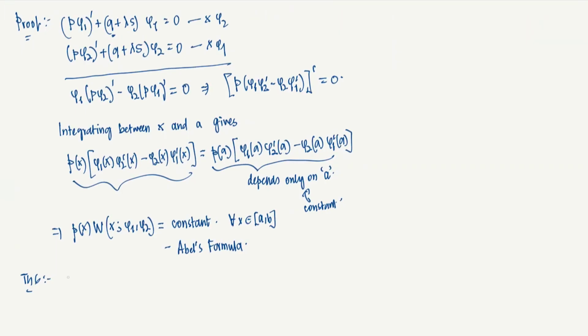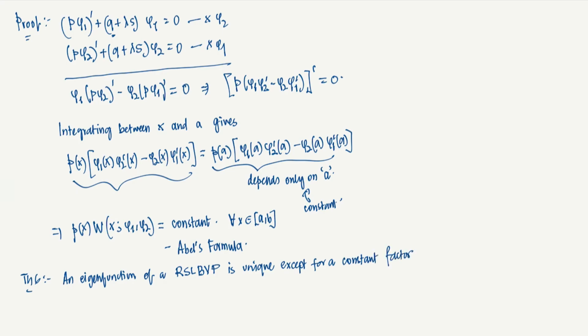It says that an eigenfunction of a regular Sturm-Liouville boundary value problem is unique except for a constant factor. So what do I mean?